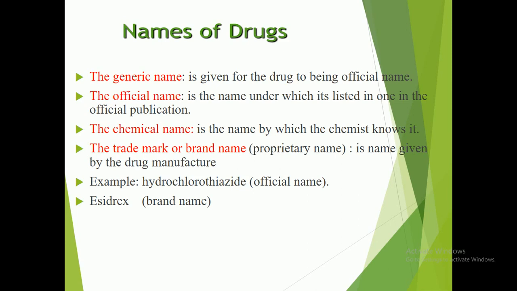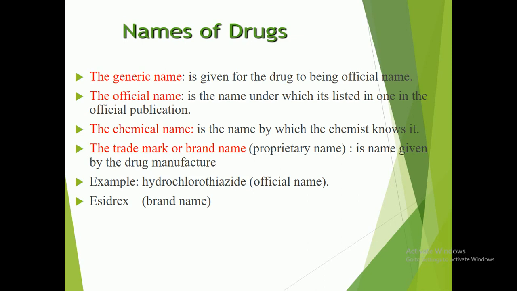For example, hydrochlorothiazide, this is a diuretic and an anti-hypertensive drug, used in the treatment of hypertension. This is the official name, the name which is used throughout the world.